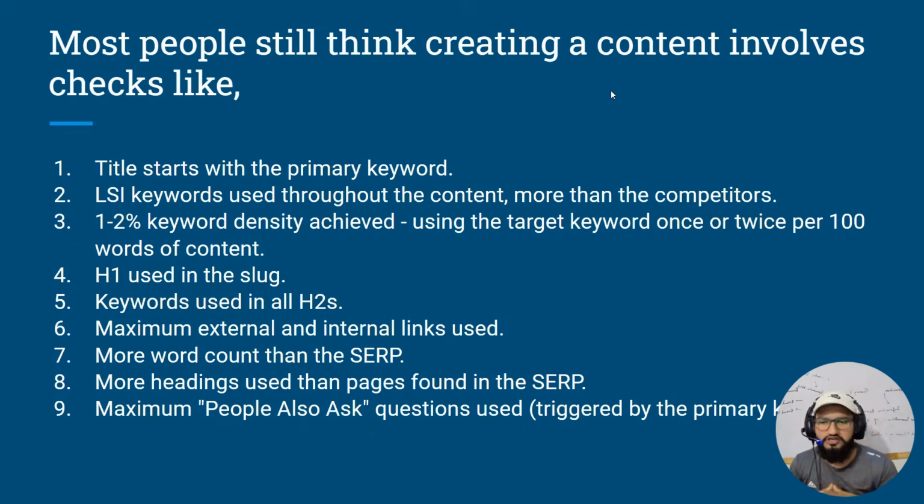And the fifth is keywords used in all H2s. Again, if they get some list of keywords, they tend to focus on the phrases over and over again, maybe in H2s, maybe in H1, maybe in the title, without thinking about the context, like how these keywords connect with each other, right? Which flow they should come in. They do not focus on that. And this is again one of the biggest mistakes.